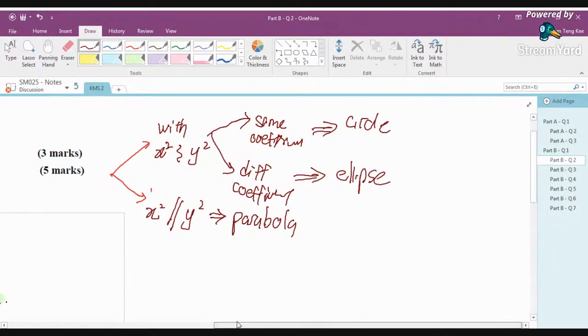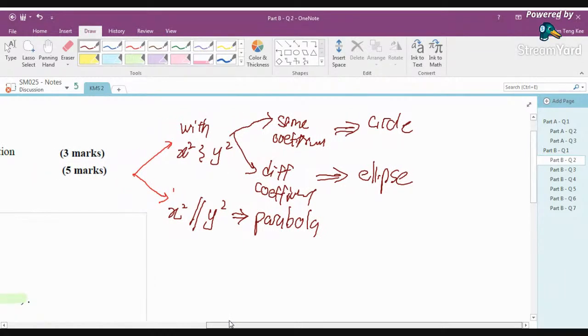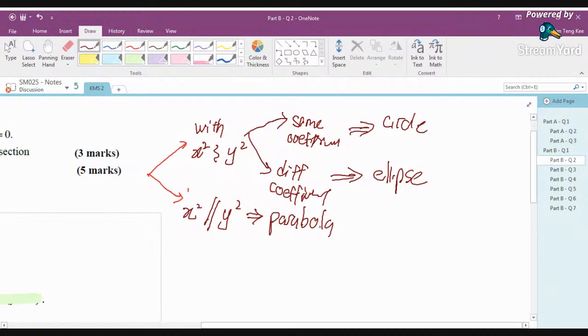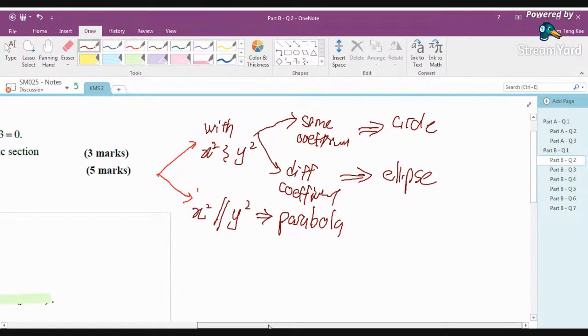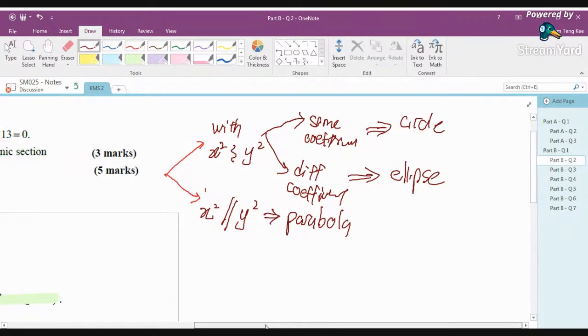This is the rough idea, at least it can be applied in our syllabus. By right, for the part above, if considered overall, we still have one thing that we didn't learn, which is hyperbola. We need to consider more things.